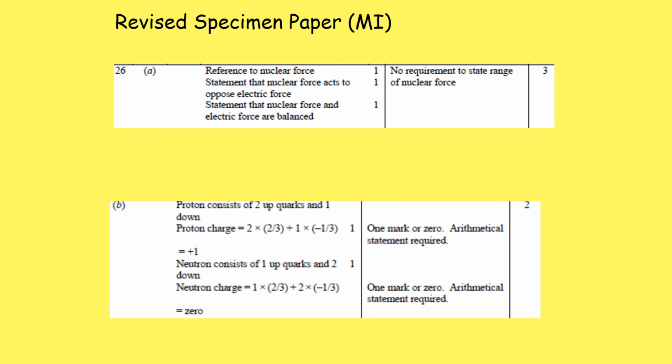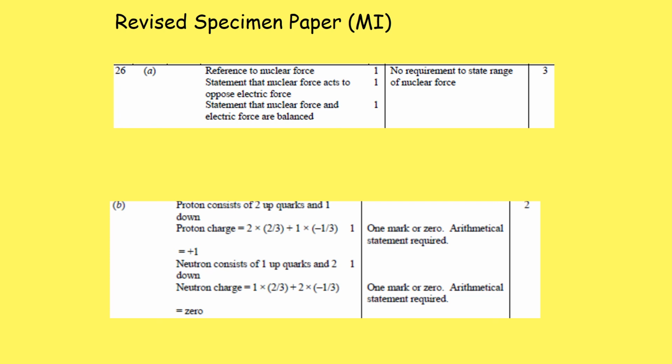So here are the answers. We have to have reference to the nuclear force, talking about how that holds the protons together. The nuclear force acts to oppose the electric forces on the inside, which would cause the protons to depart. The weak nuclear force associated with W bosons is what gives those particles their charge, and that would force those apart.